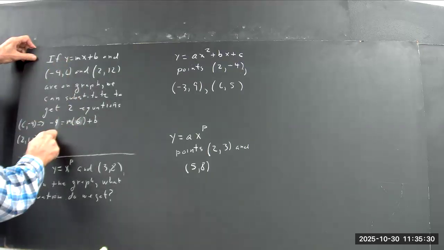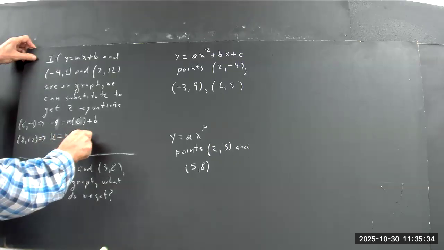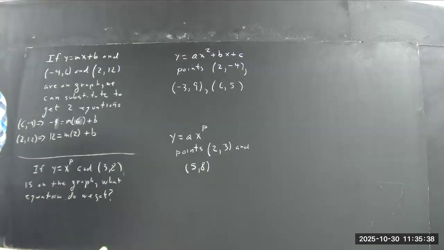So we're going to substitute that for 12. We get 12 equals m multiplied by 2 plus b. Okay? Does that make sense? Is that what you got?